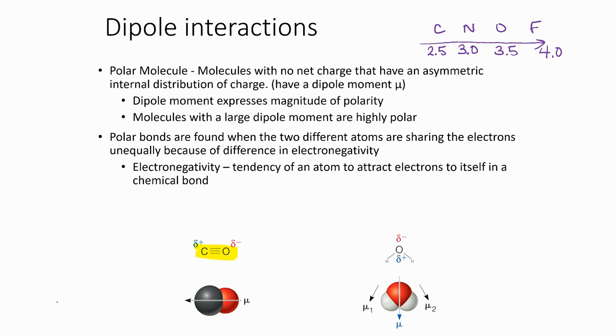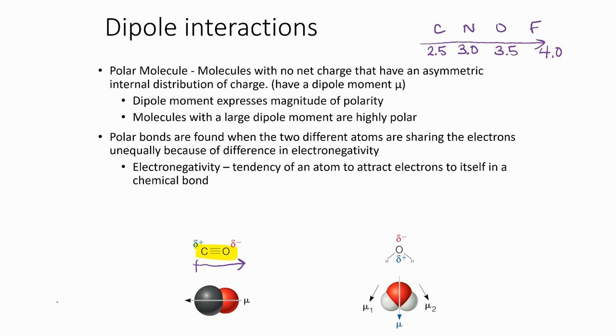Oxygen is pulling significantly harder than carbon. And so what's going to happen there is that you have a shift towards the oxygen. Okay, and what is shifting? The electrons in that triple bond.